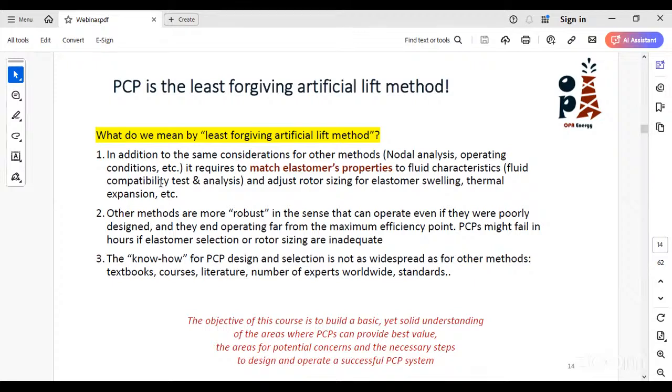In this case, you can work over the well to retrieve the tubing and, of course, the tubular stator inside it. We can eliminate this by using insertable pumps. It will just need a pulling unit to retrieve our PCP and then reinstall it again. So that's why we call the PCP the least forgiving artificial lift method.